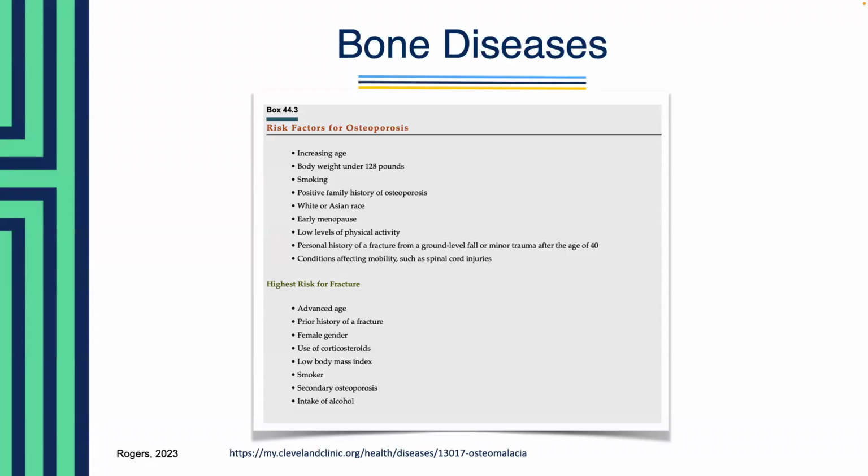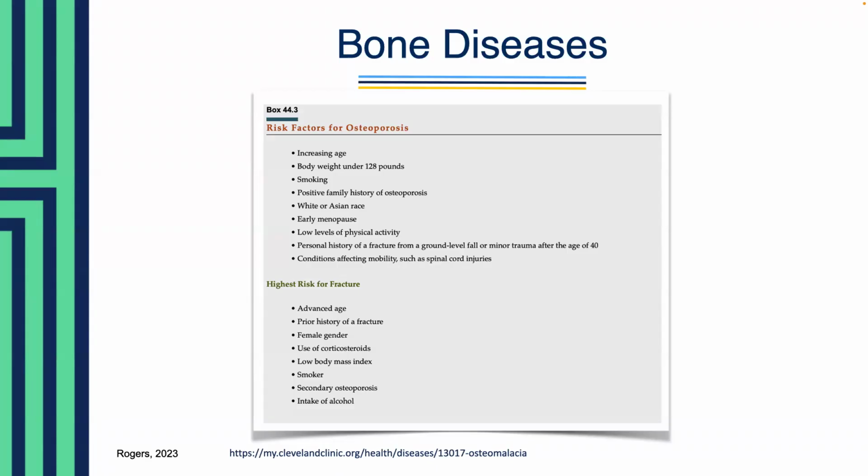We see that excessive alcohol consumption or sedentary life, smoking. So there's different things like that. And then unfortunately, those with the higher risk of fractures include advanced age, prior history of fracture, being female, use of corticosteroids. So think of those populations that are on those medications.